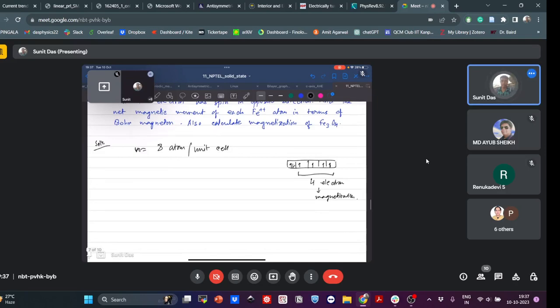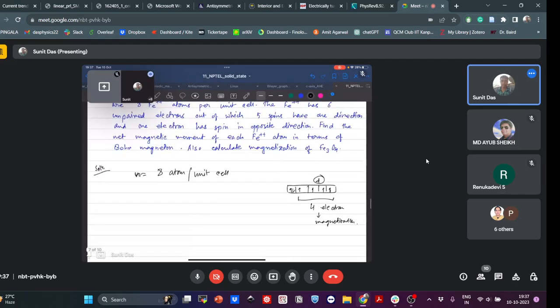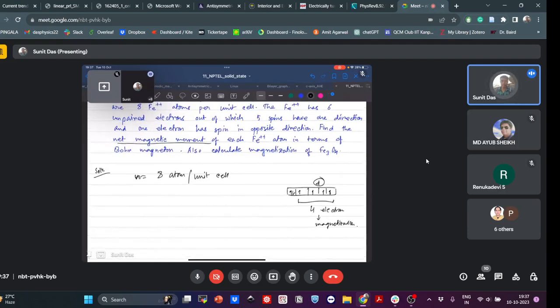So this is actually d orbital. So we need the net magnetic moment of each Fe atom in terms of Bohr magneton, and then finally the magnetization.